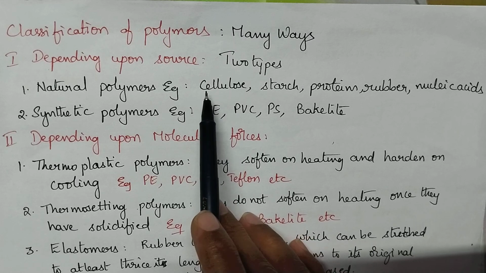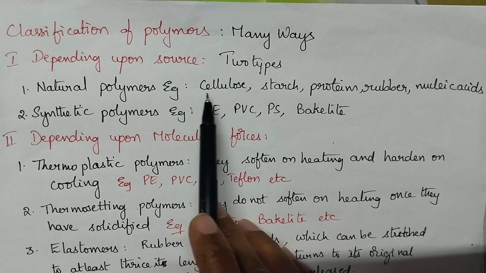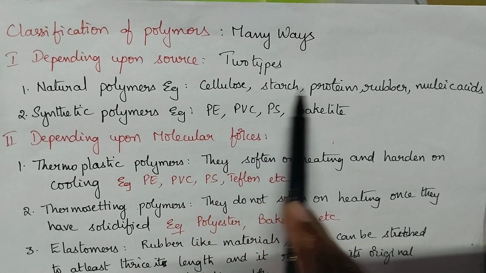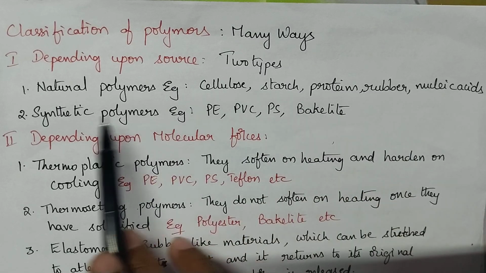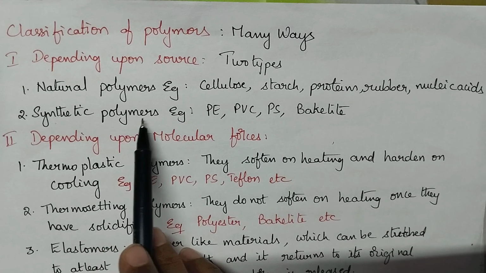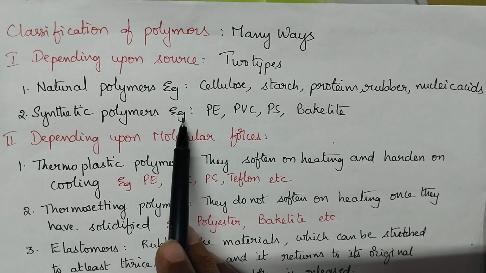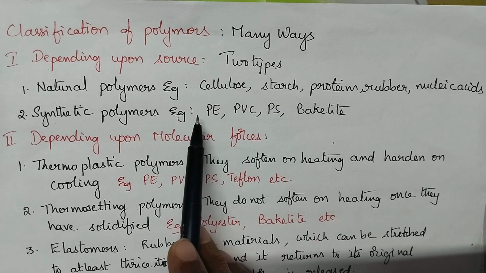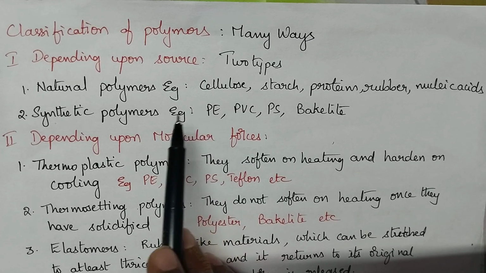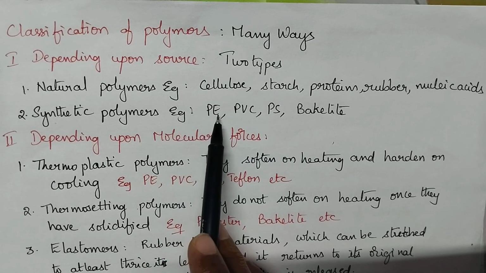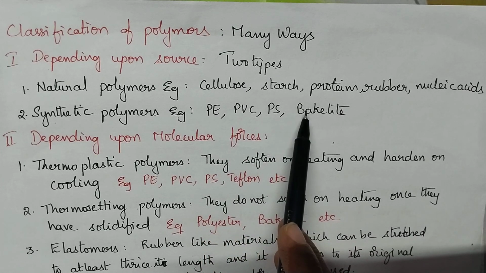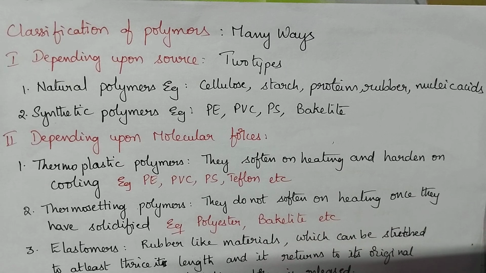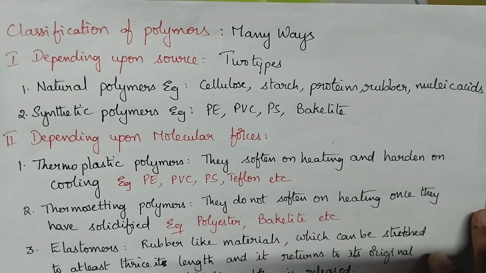Good examples of natural polymers include cellulose, starch, proteins, rubber and nucleic acids. Coming to the synthetic polymers, they are man-made polymers, prepared in a laboratory, which generally include polyethylene, polyvinyl chloride, polystyrene, bakelite, etc. That is about the classification based upon the source.